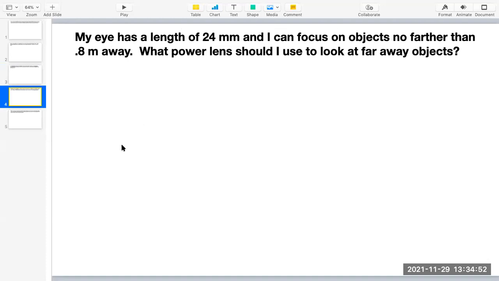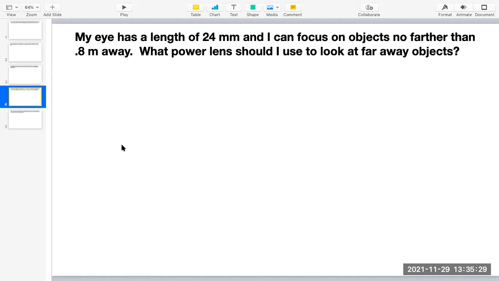Right. So I am a bit nearsighted. The eye can adjust its focal length, but the closest object that I could see clearly is around 0.8 meters from my eye. So if I wanted to be able to see something that is very, very far away, essentially infinity object distance, what lens would I use?